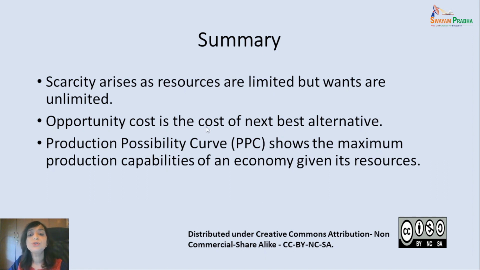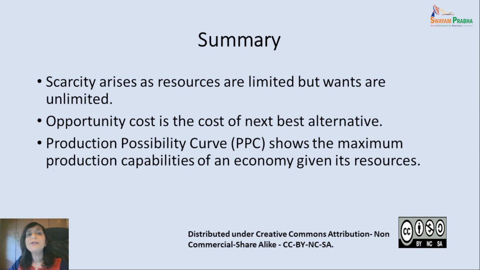So opportunity cost is the cost of the next best alternative. And this opportunity cost gives rise to what is called the production possibility curve, which shows the maximum production capabilities of an economy with the given resources.